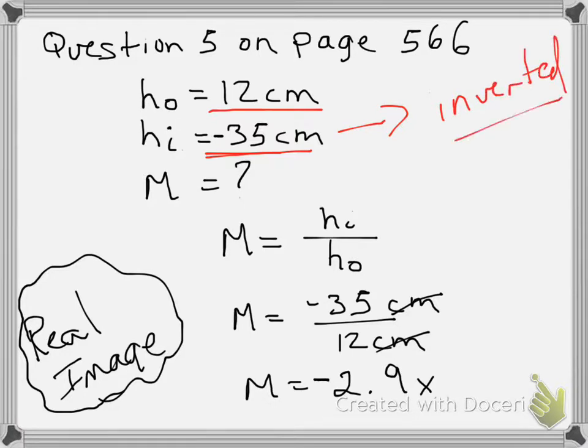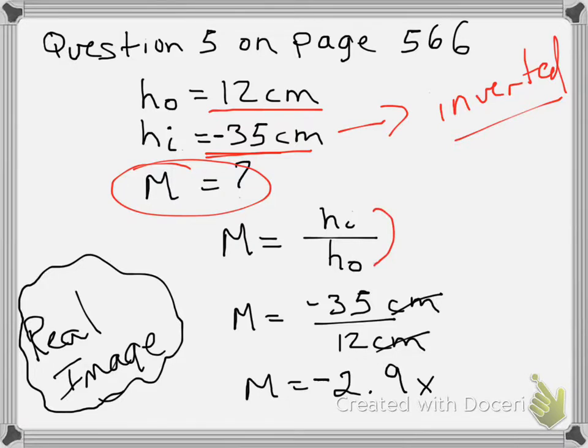Again, if you read the question, it doesn't tell you it's negative. That's what you have to interpret from the question because of the way the image is oriented. In this case, it's inverted. When it's inverted, it's a negative. So we're trying to find our magnification. Magnification is hi-ho, so hi over ho.